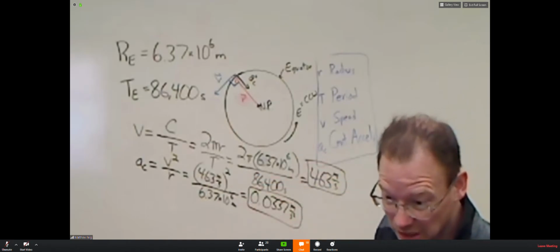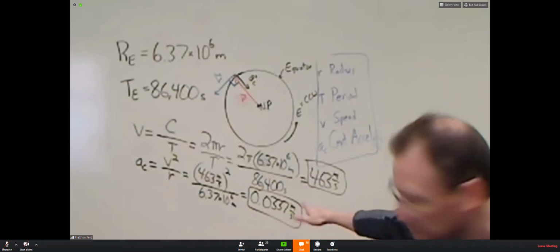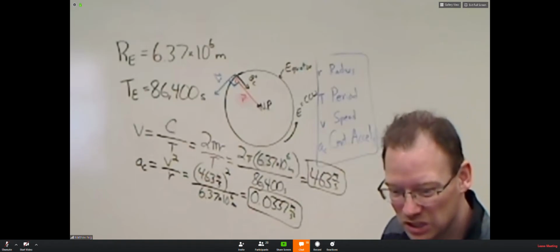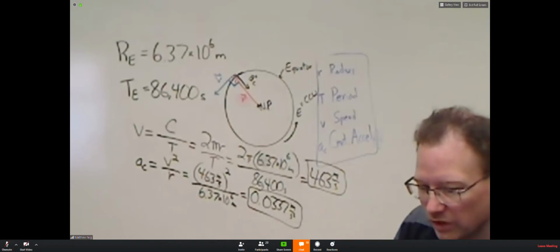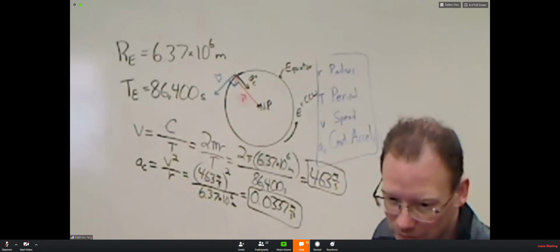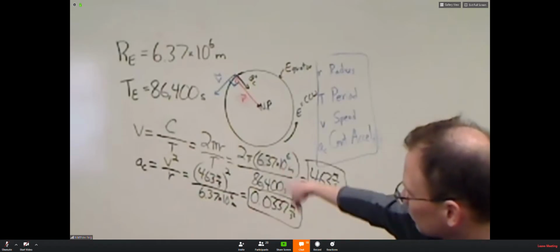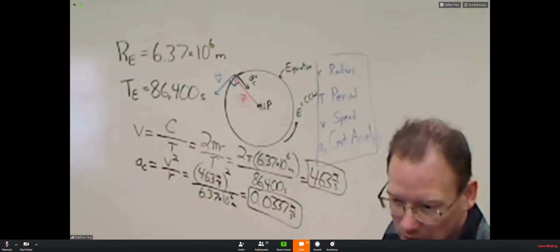Well, there isn't any, which means there's about a 0.03 meters per second squared difference in measurements of g at the equator, or points near the equator, compared to the poles. What about Minneapolis, Minnesota? How do you adjust this for a latitude other than the equator or the North Pole or the South Pole?